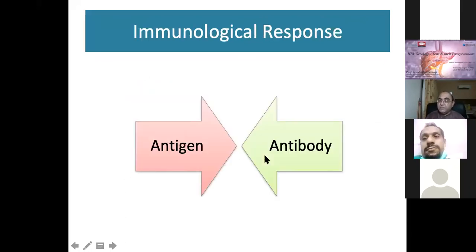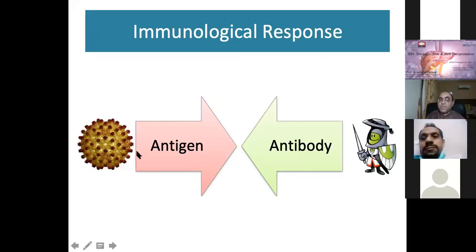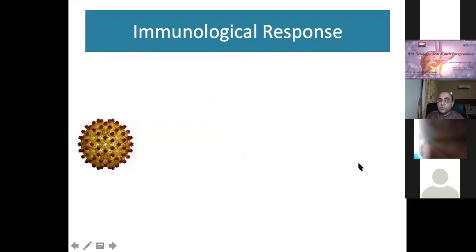What I mean by this: we all know immunological response means reaction between antigens and antibodies. And here the antigens which are brought by the hepatitis B virion, the body makes antibodies against those.